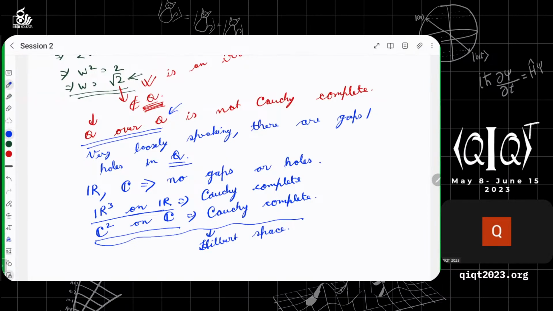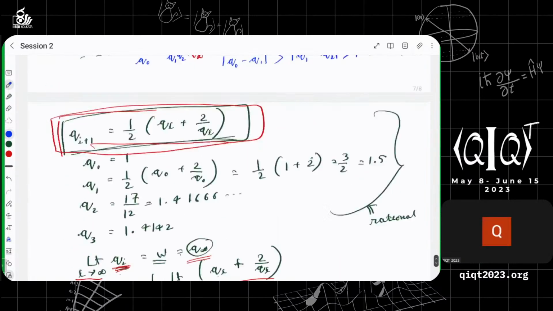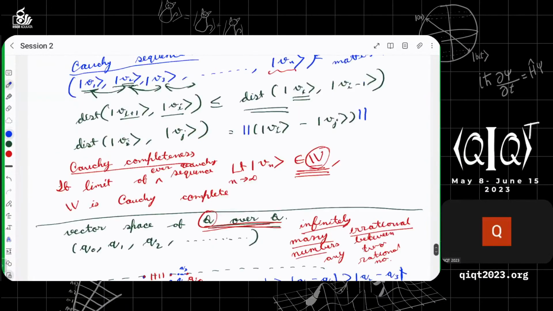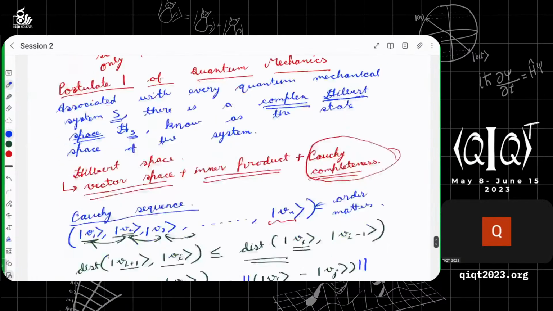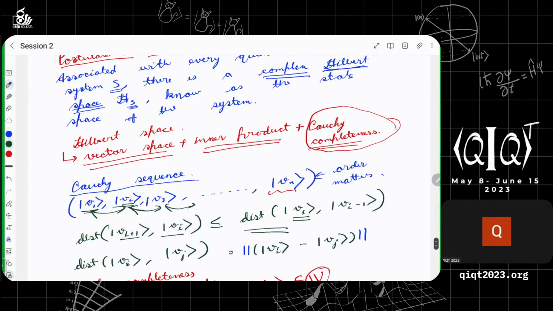But it is not Cauchy complete, so we cannot call it a Hilbert space. So a Hilbert space is a vector space with an inner product plus Cauchy completeness. Yes, I defined that here. Okay, thank you.